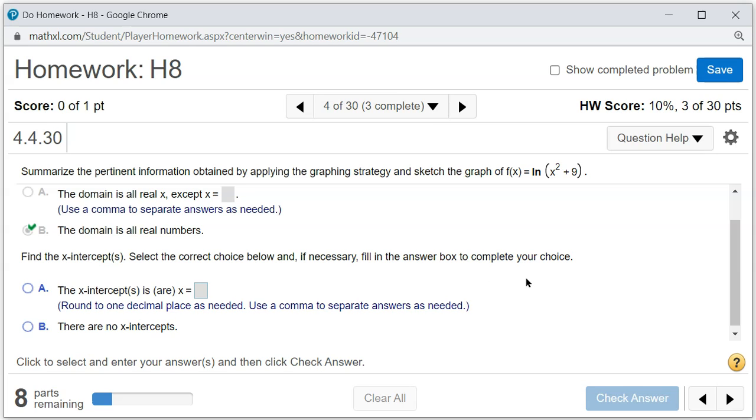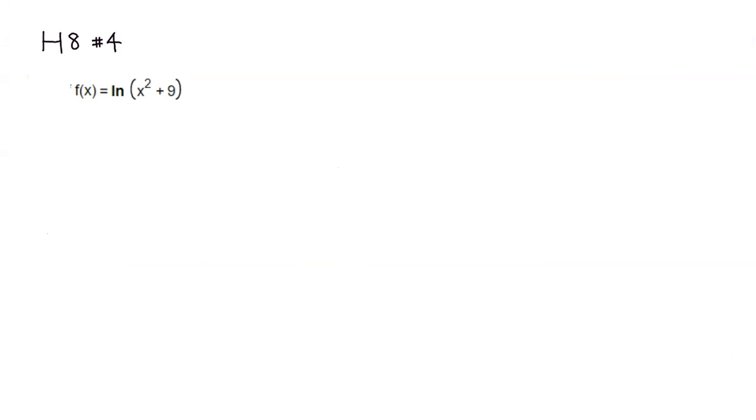Next, we want to find the x-intercepts. In order to find the x-intercept, we're going to set y equal to 0, y being that function.